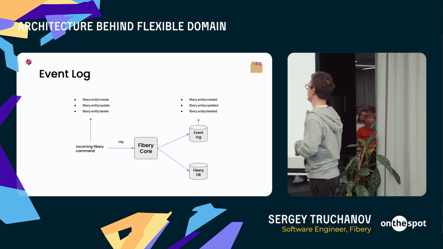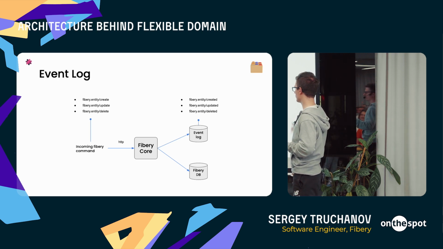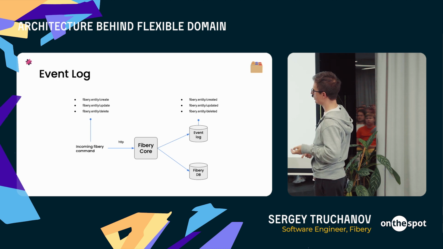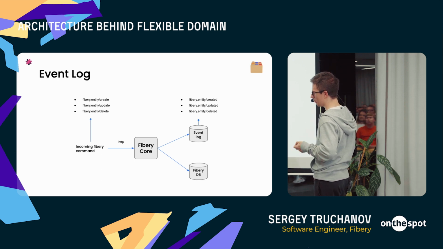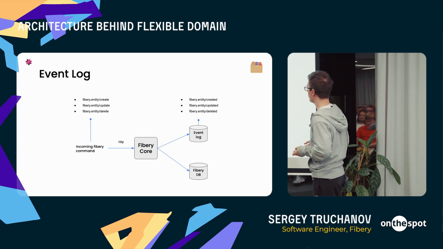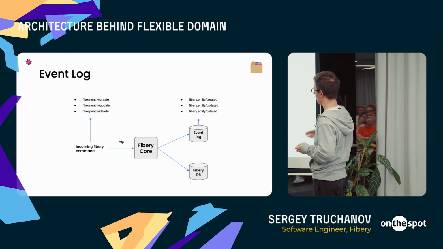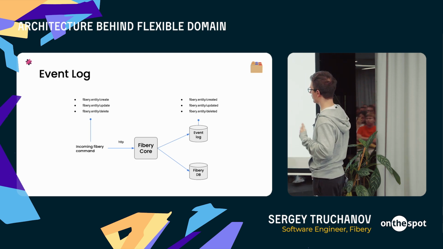You don't have to do it in Fibery core. You can write separate applications which sit on top of the event log and do their business job. Another thing is that you have history from day 0, although you don't show it to the customer. But eventually, when we implemented history in Fibery, because the events were there, customers got history from day 1.